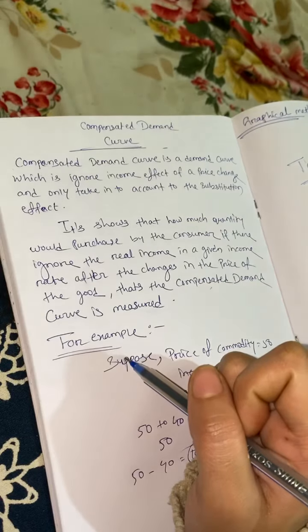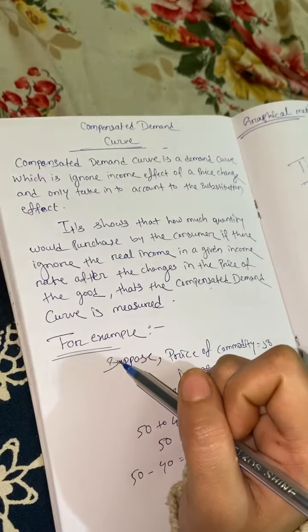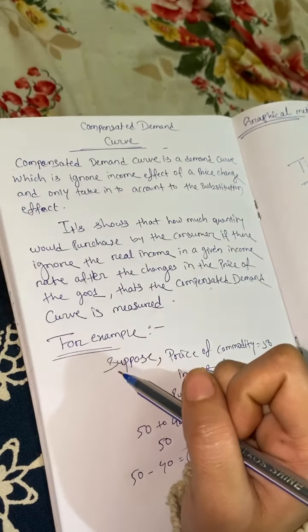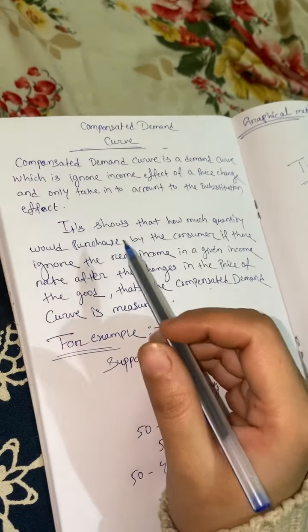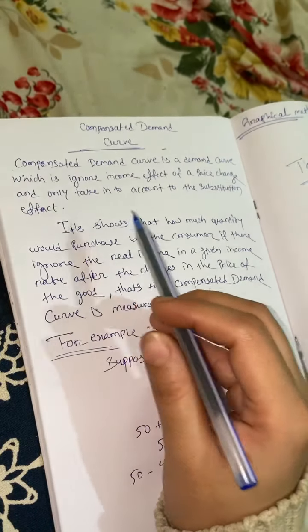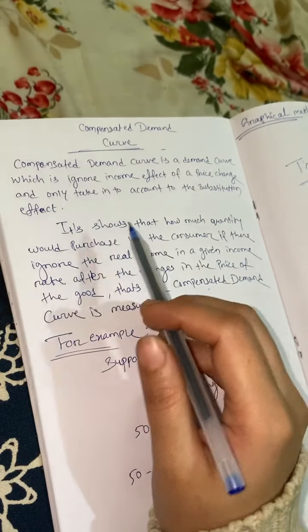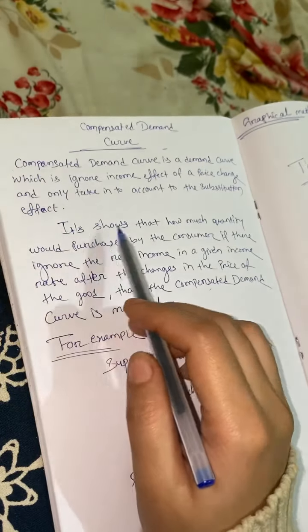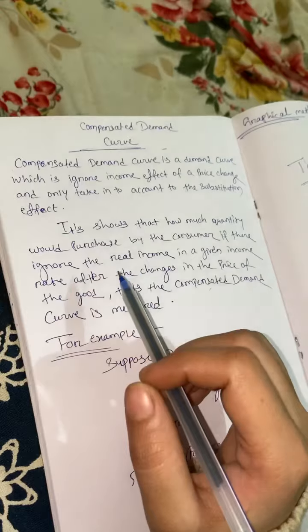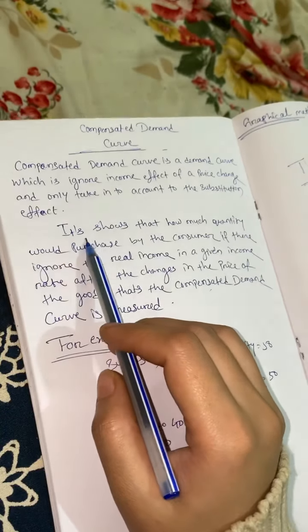And the second point says that it shows how much quantity would be purchased by the consumer if the real income is eliminated. So what is real income? Suppose the price of a commodity is 50 and the consumer's purchasing power is also 50, and because of some reason there is a fall in the price of the commodity from 50 to 40, and still the consumer's purchasing power is 50.